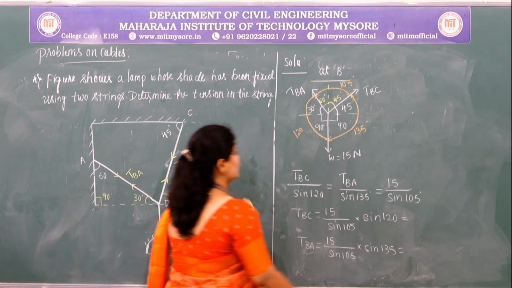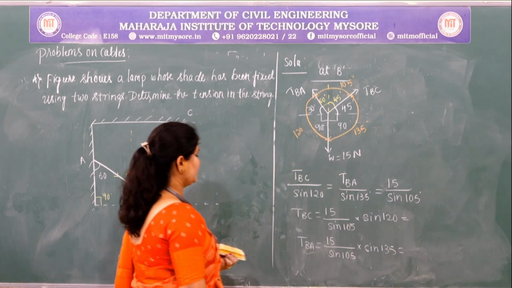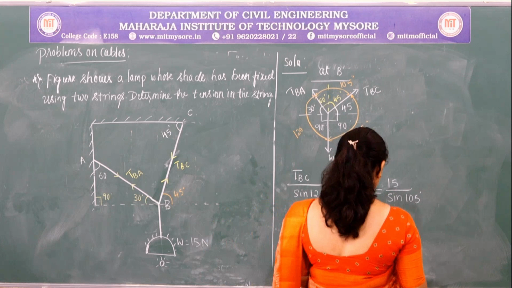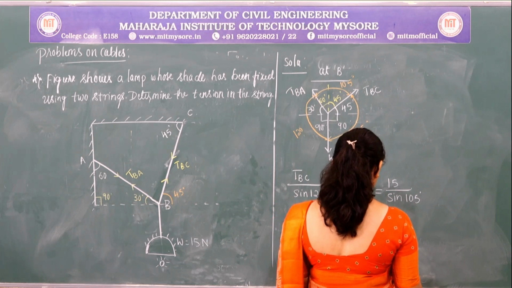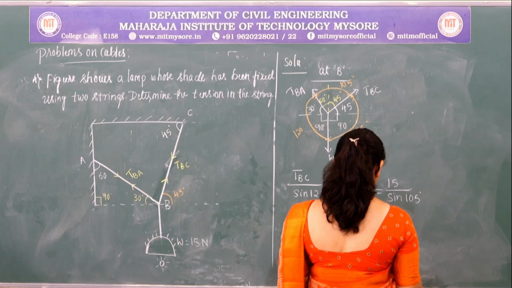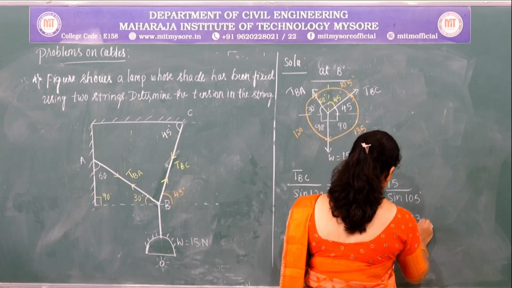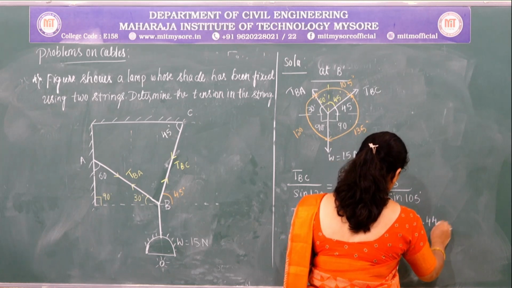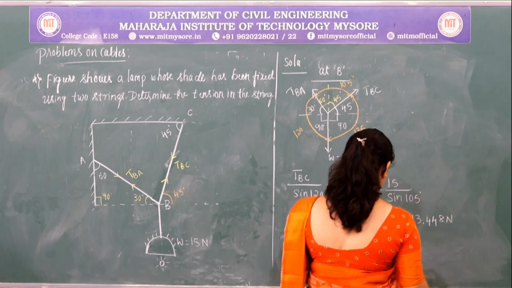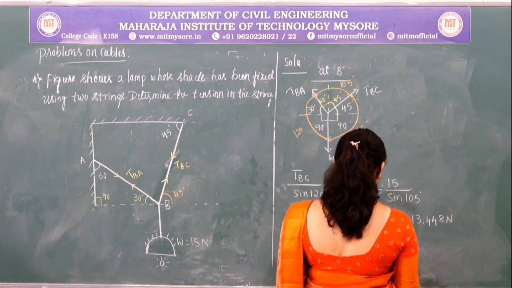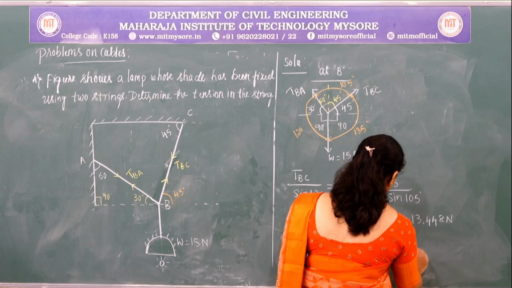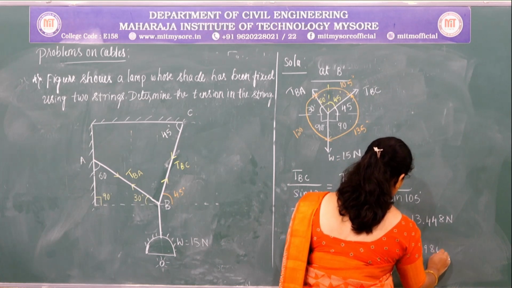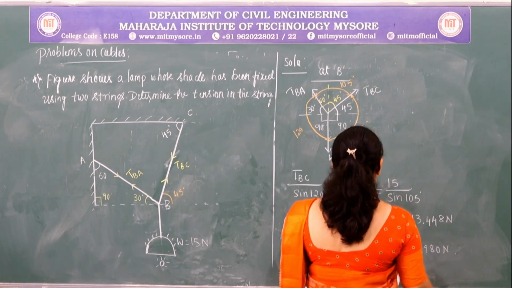So on solving this, we are going to get the value of TBC and TBA as the tension in the string BC is 13.448 Newton and TBA is 10.980 Newton.